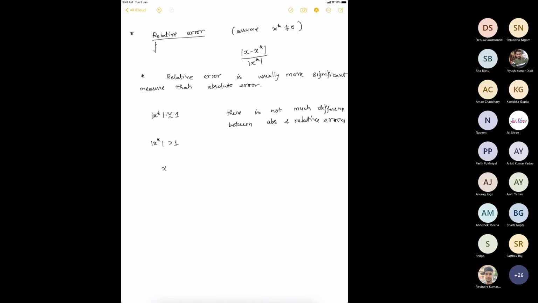So suppose I have my x star to be, let's take the value 1, and as an approximation, say I get 0.99.